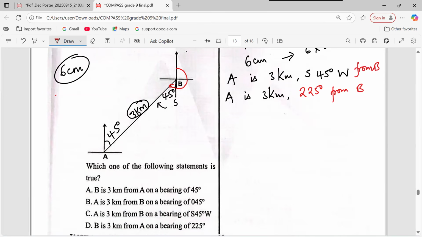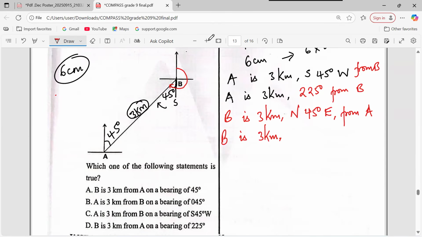What about B with reference to A? B is 3 kilometers. What about the bearing? From the north, we measure 45 towards east from A. Again, B is 3 kilometers.